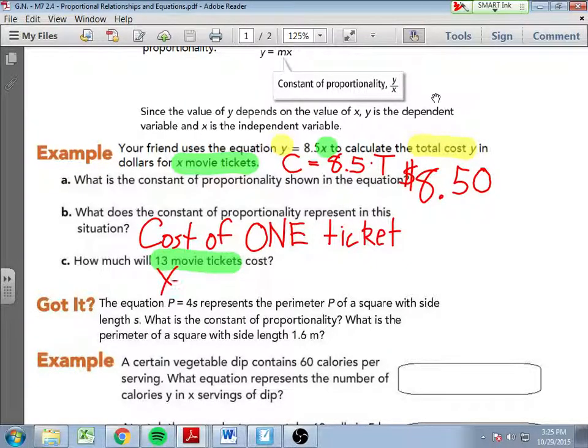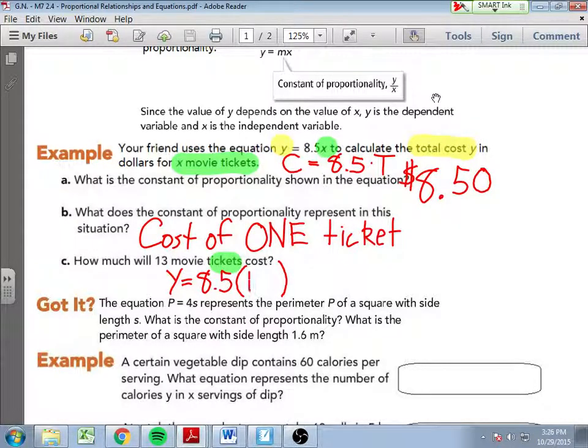So we can say y equals my 8.5 times, now I don't always use the dot for times because it gets a little confusing with the decimal point. If you want to show multiplication, you can just put a number right up against the parentheses.